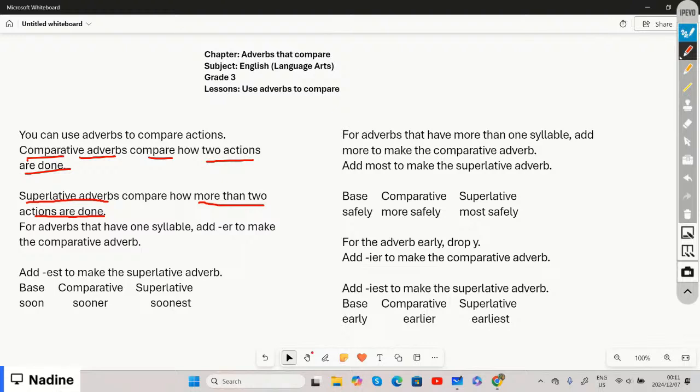So once again, comparative adverbs compare how two actions are done, and they end in ER. And superlative adverbs compare how more than two actions are done, and they end in EST.